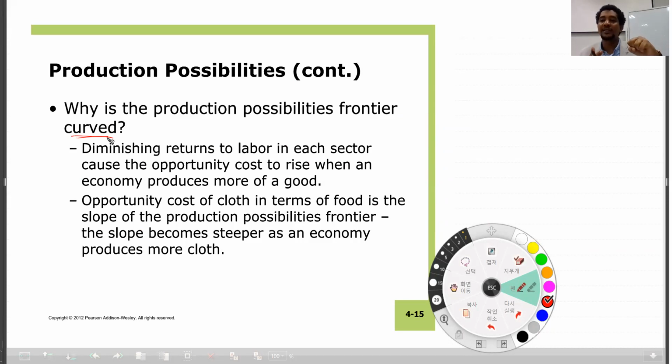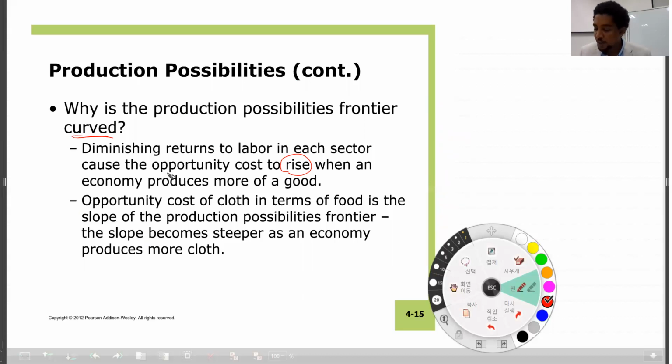So it results that 1 unit of labor you input into the production will produce less than the previous labor that you have added to the production. So the reason it is curved is that the diminishing returns to labor in each sector cause the opportunity cost to rise when the economy produces more of a good.